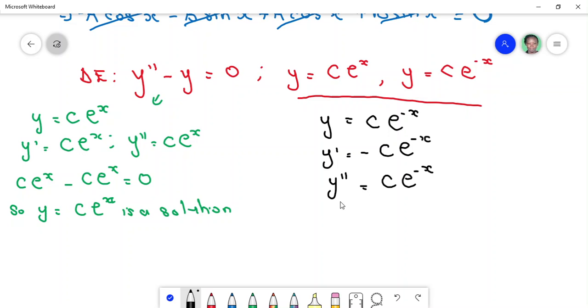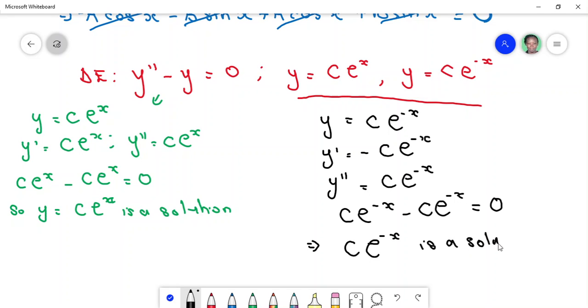So let's do the substitution. I have c e raised to the power minus x minus y. y was c e raised to the power minus x, which is equal to 0. So this implies that c e raised to the power minus x is a solution.